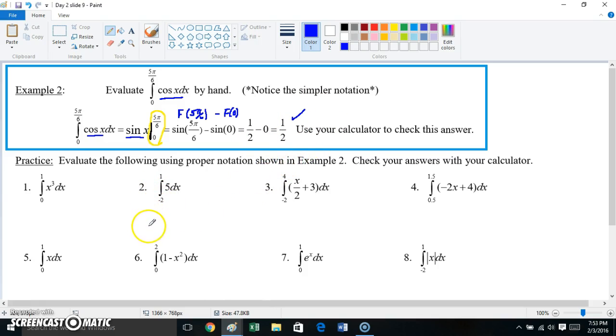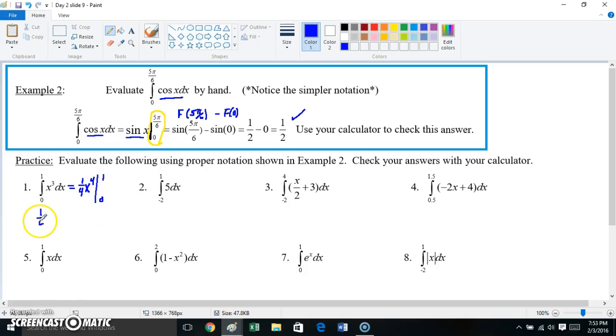So just some practice evaluating definite integrals. I'll do a few of these and then leave the rest of them for you. So here we go, the integral of x cubed dx from 0 to 1. Integrating x cubed, we get 1/4 x to the 4th power, evaluated from 0 to 1.